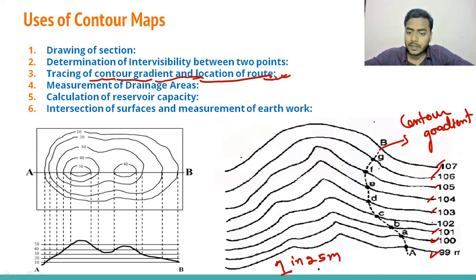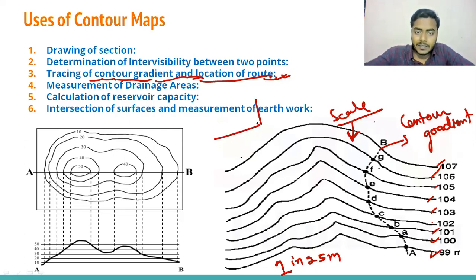So just convert according to a scale, just convert in map distance. Okay, so 25 meter means we have to locate 25 meter horizontal distance. Means everywhere it should be like this, 25 meter horizontal, then 1 vertical. Okay, we are going to draw this line.